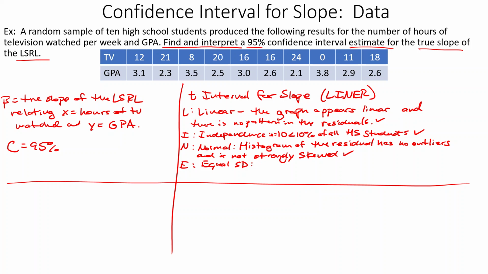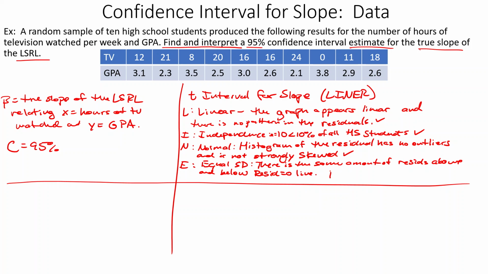All right, and we already basically did that when we looked at the no pattern in the residuals. There was the same amount of residuals above and below the residual equals 0 line.